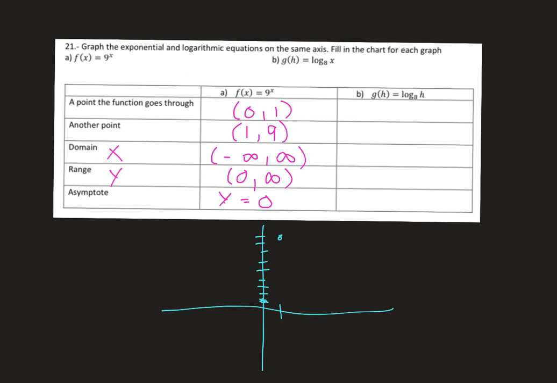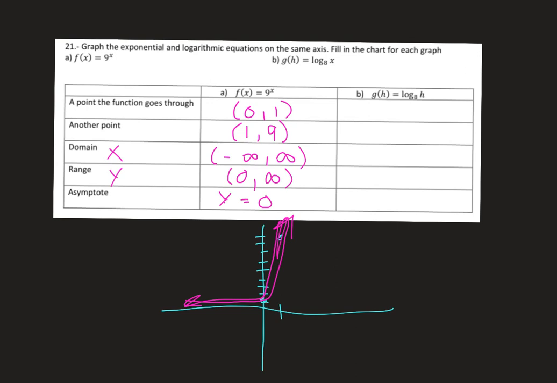So there we go. I'm actually going to color that one in pink. That's not supposed to go below the x-axis, so this is harder than I thought with my finger. There we go. So there's our exponential graph.